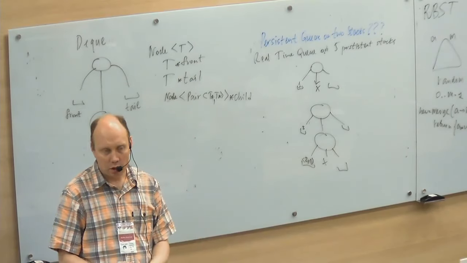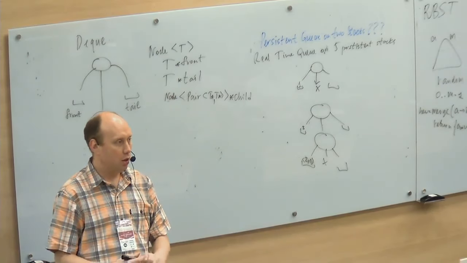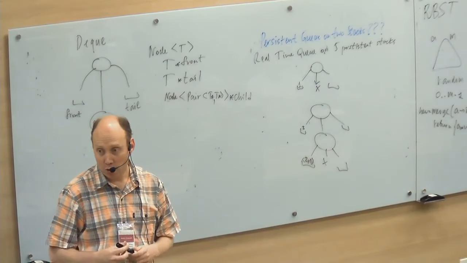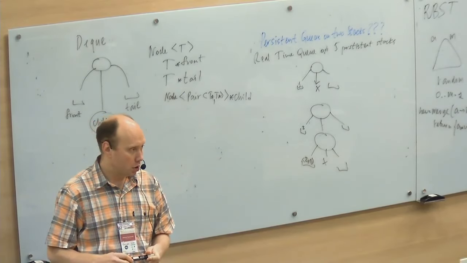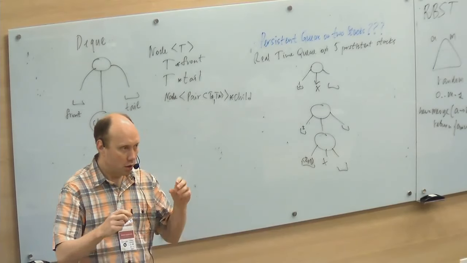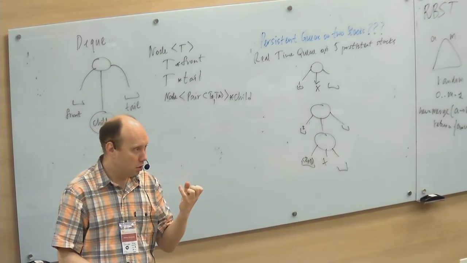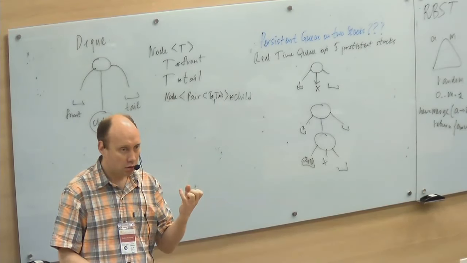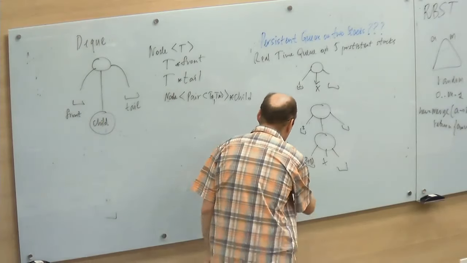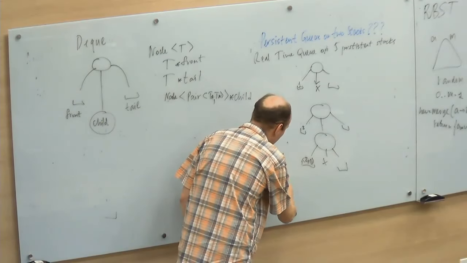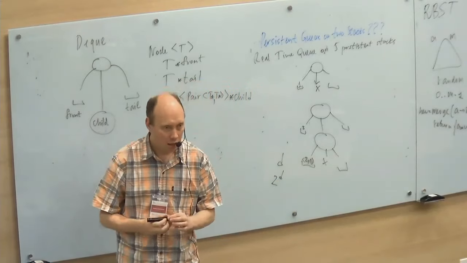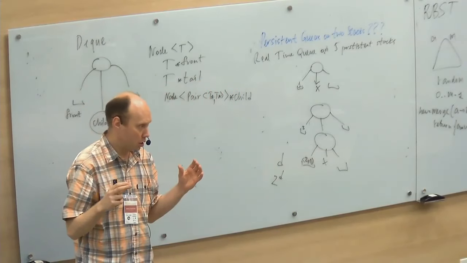How far down can it go? I call it an exponential tree, because every value on some level d stores 2 to the power of d elements of the original type.